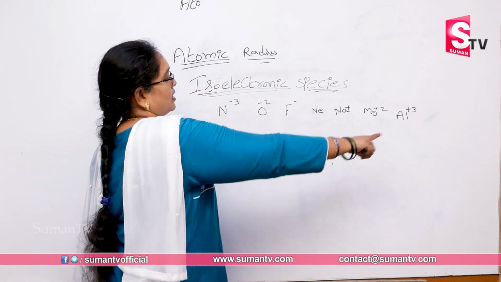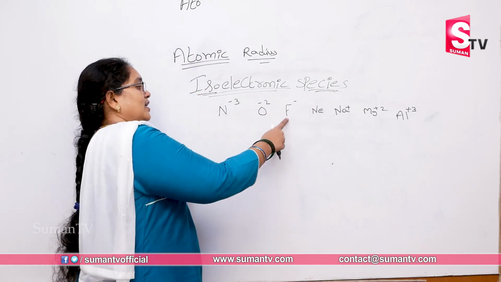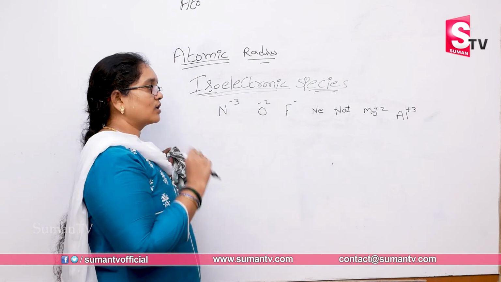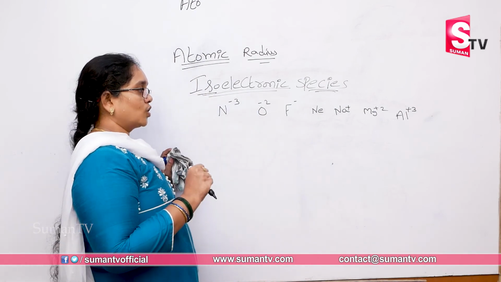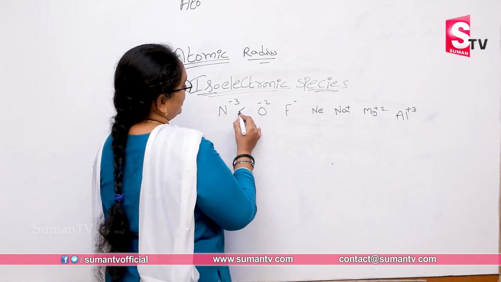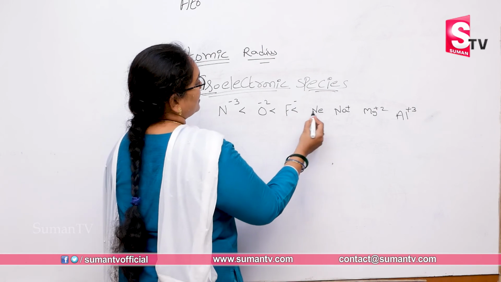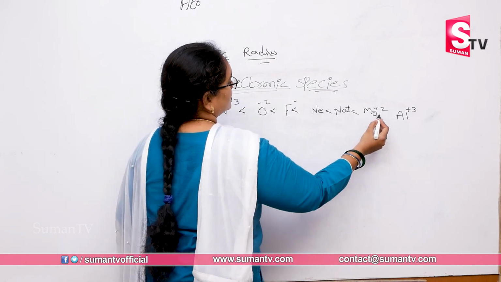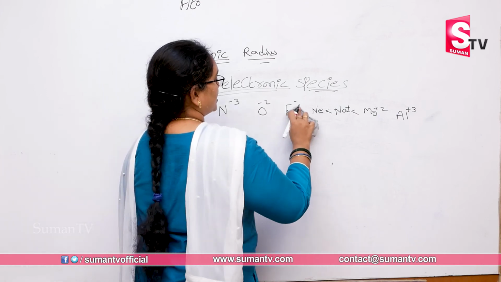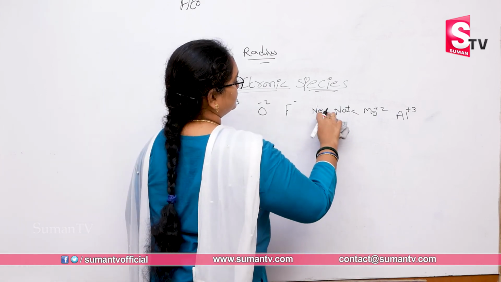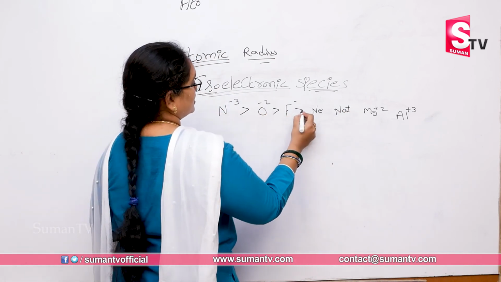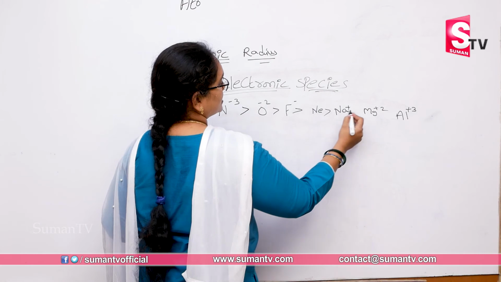So all these anions, atom and cations have the same number of electrons, 10. In isoelectronic species, as we already learned, anions have more size than their atoms. So N minus 3 has more size than O minus 2, then F minus.